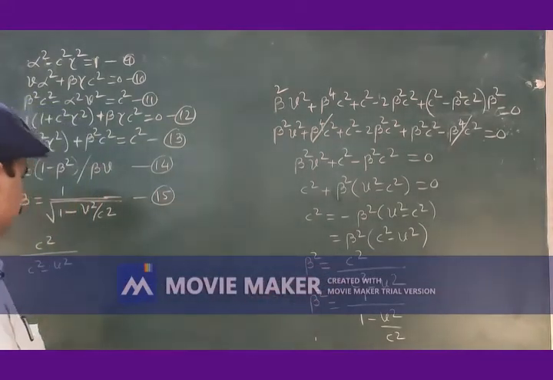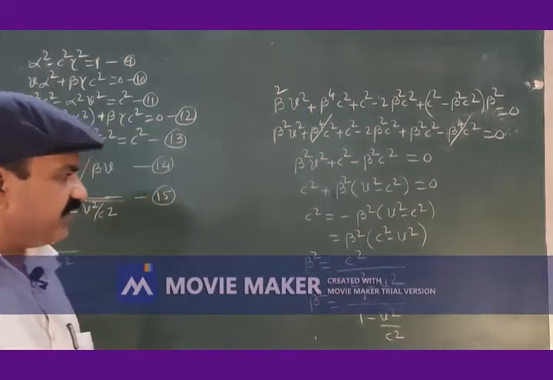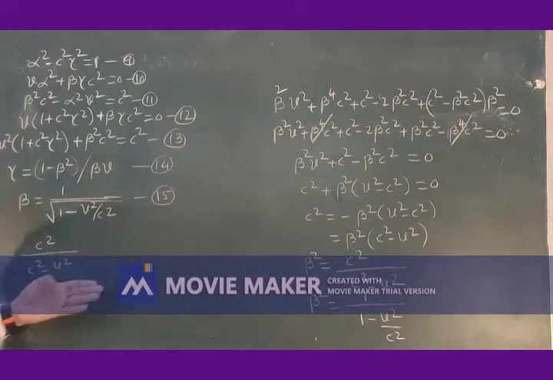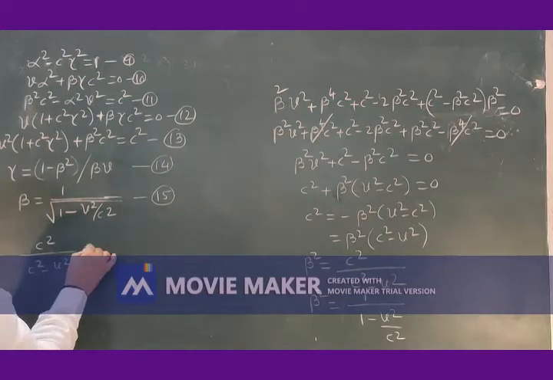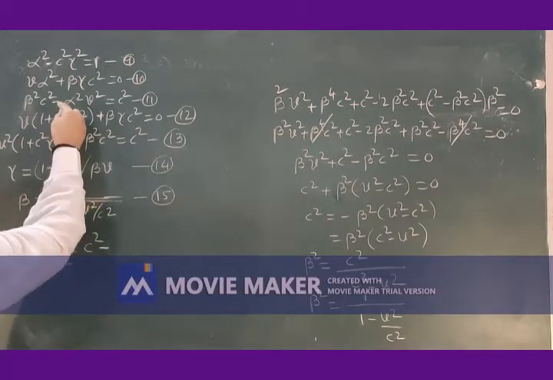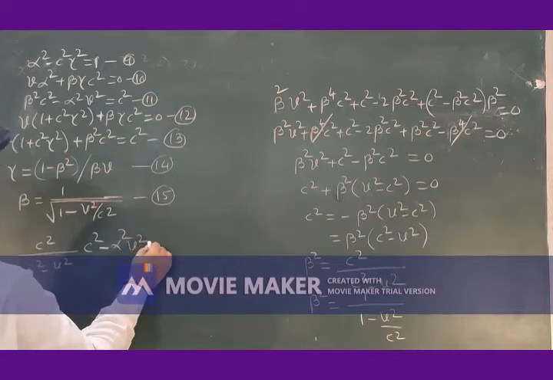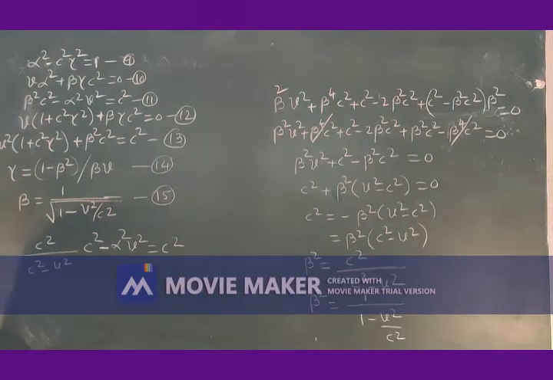Beta square is equal to c square divided by c square minus v square. So let me put for this beta square c square into c square divided by c square minus v square into c square minus alpha square v square is equal to c square.